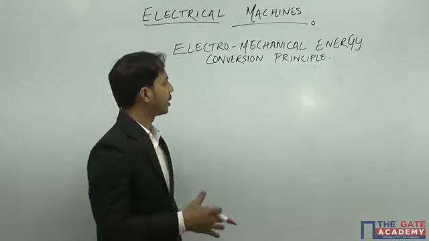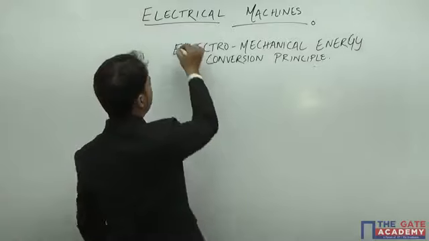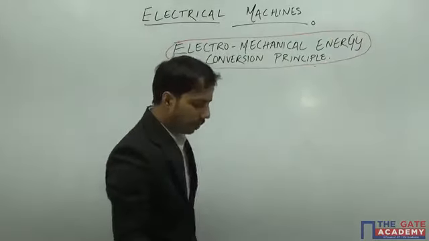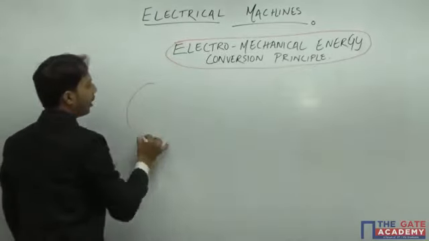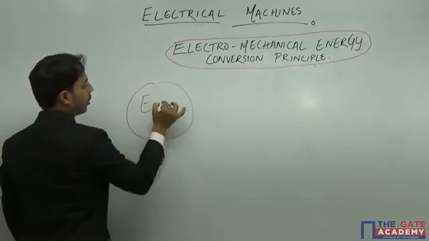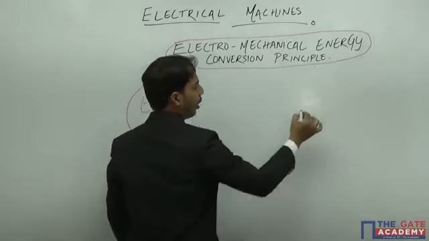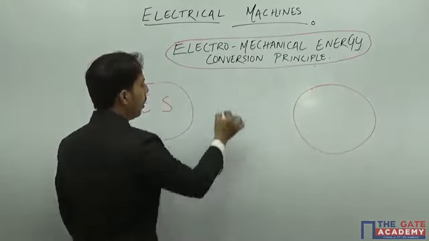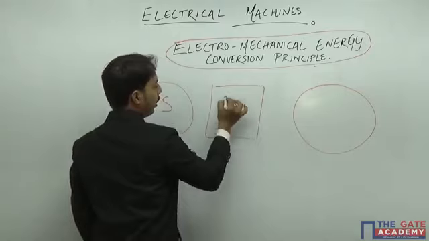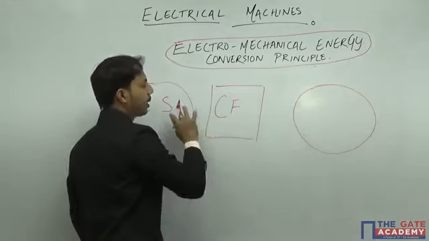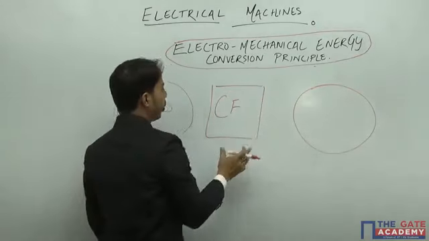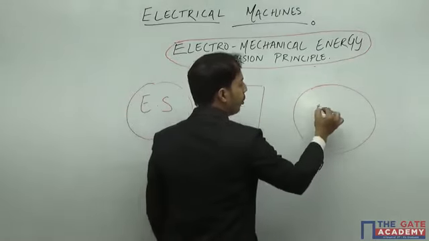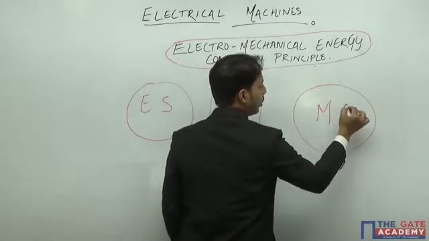Before that, let us wrap up this particular principle. So what we have learned in this principle is that if I have an electrical system and I want one mechanical output, I need a coupling field. And that coupling field will help me to change my electrical energy to mechanical energy.